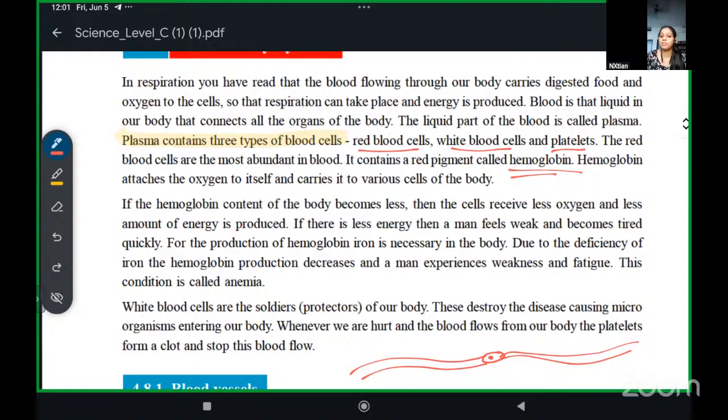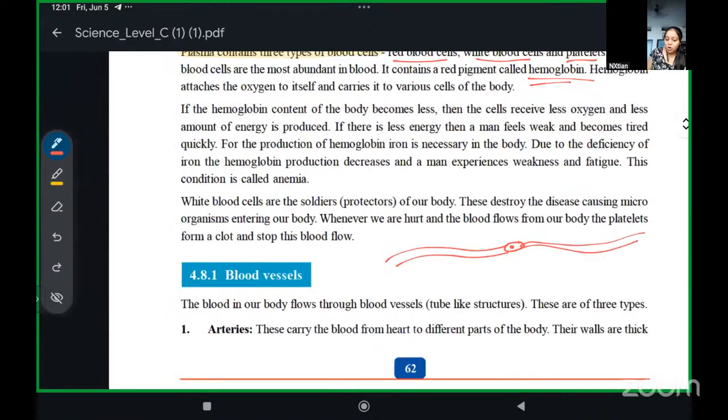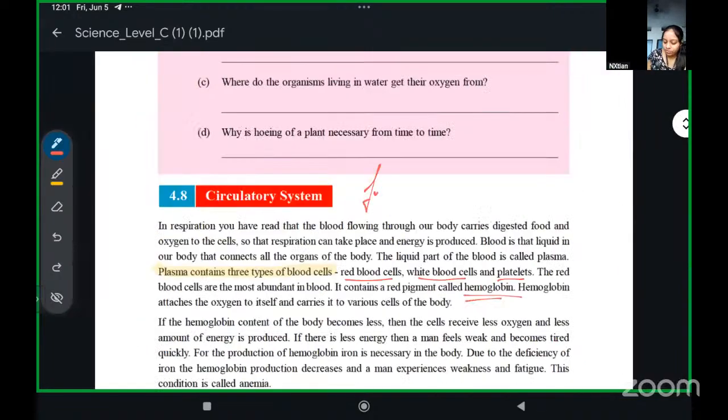So how will it produce energy? In previous classes we studied that food plus oxygen gives us three important components. Water and CO2 are there, but one of them is energy.